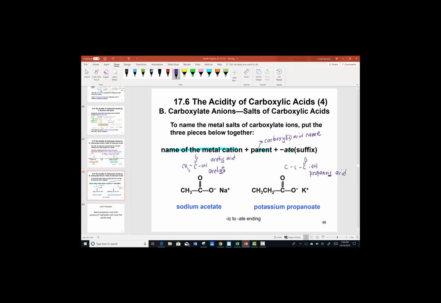Take the ic and turn it to ate. So the anion would turn into propanoate. Notice that I'm only removing the ic, not the O with it. The O stays with it. But over here, remember there was no oxygen, so it just says acetate or propanoate is the last name of that negative anion. Potassium propanoate.